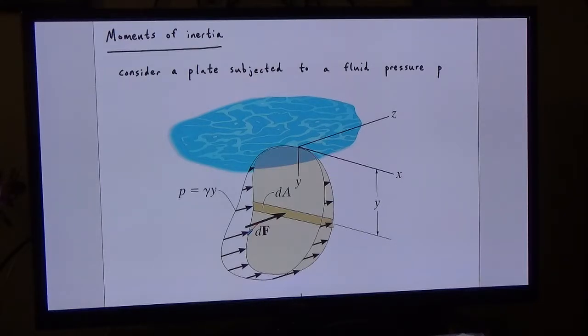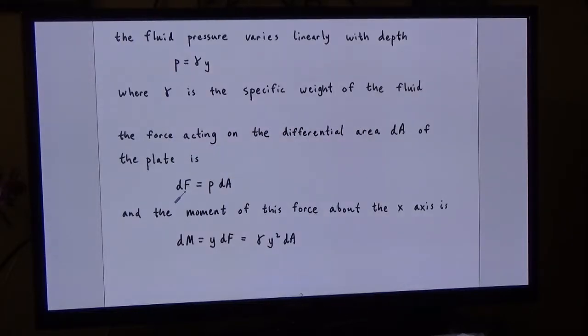Well, pressure is force divided by area. So in order to calculate the force, say on this strip of the area, we would have to take the pressure and multiply it by the area. So then we have the force acting on this differential area, pressure times area.